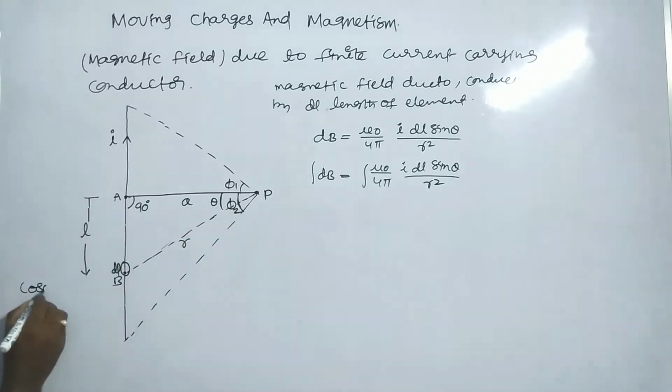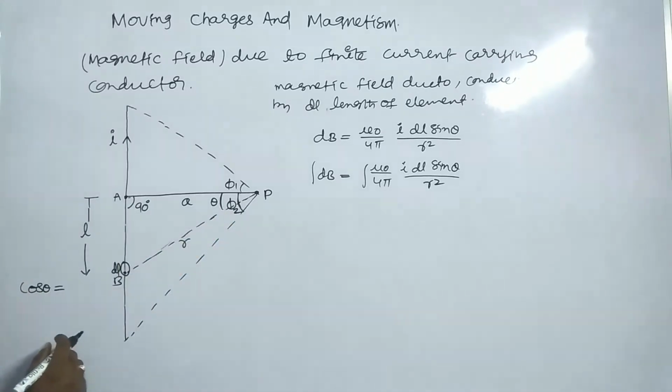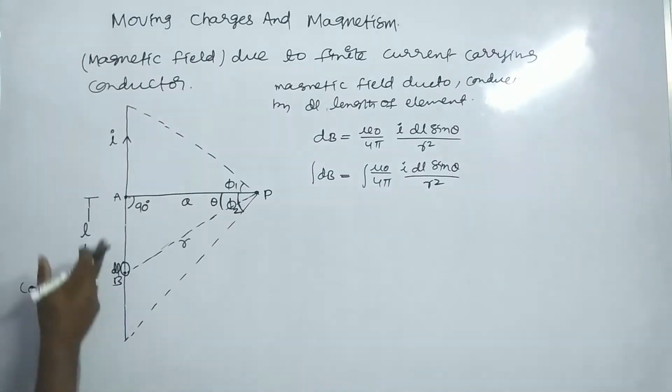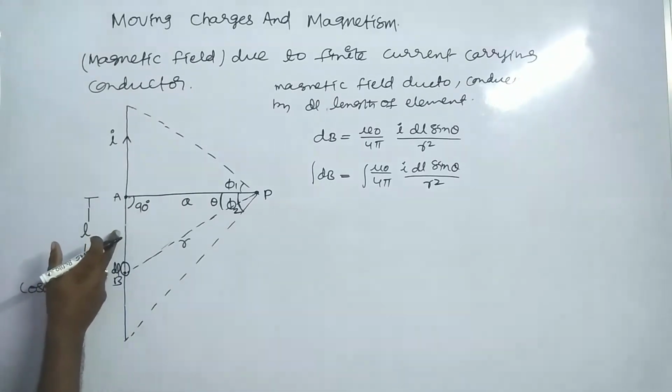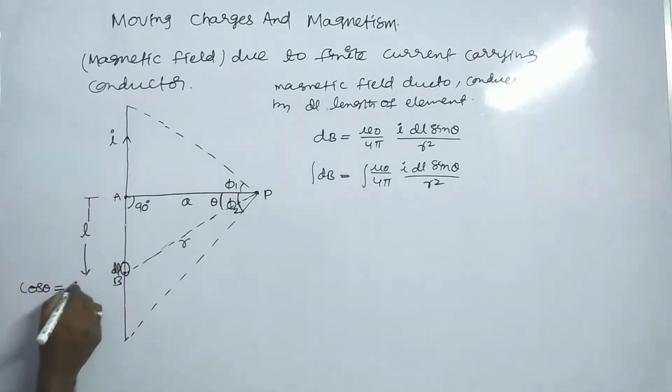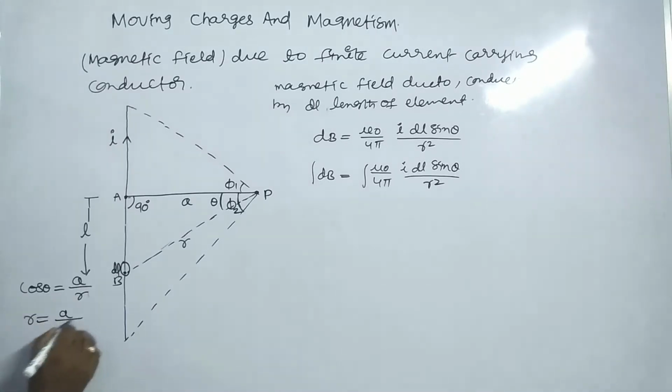Cos theta is adjacent by hypotenuse, that is A by r. Here you can write r is equal to A by cos theta. This is the point you have to remember, r is equal to A by cos theta.